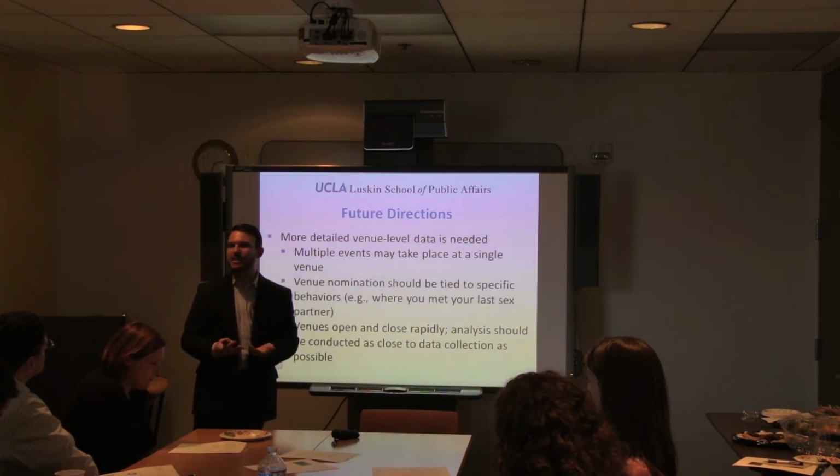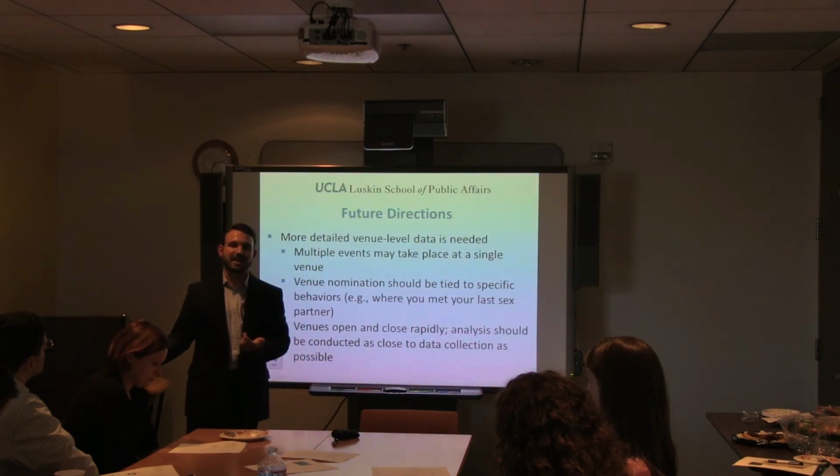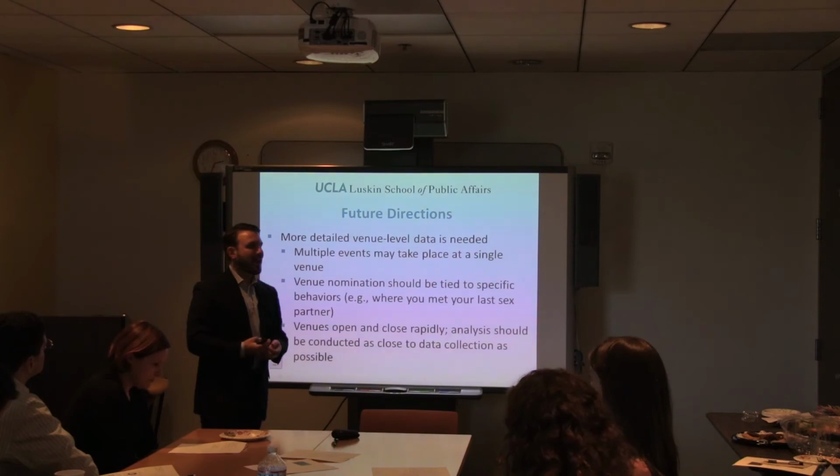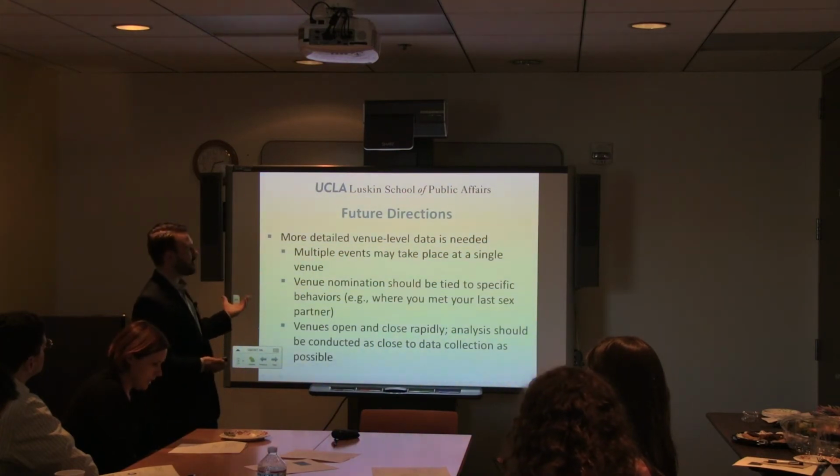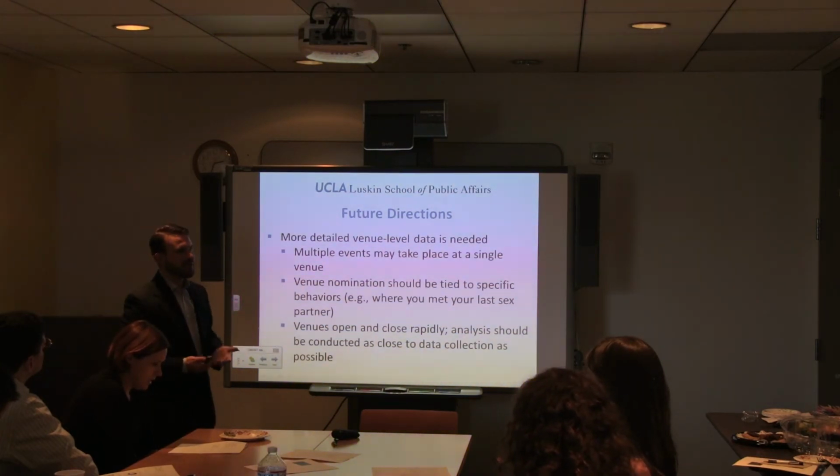We also didn't get information about when these young men attended those venues, so which night of the week and for how long. I think that would be useful to complement and give a better picture of how we could use this information to inform HIV prevention.